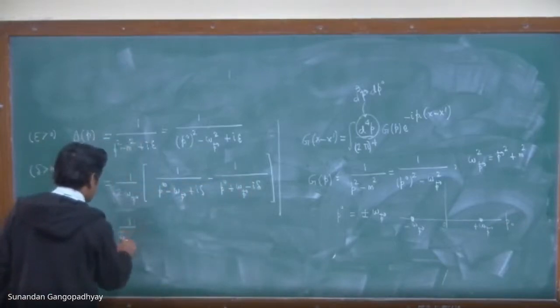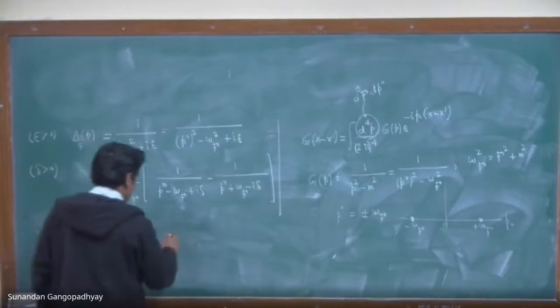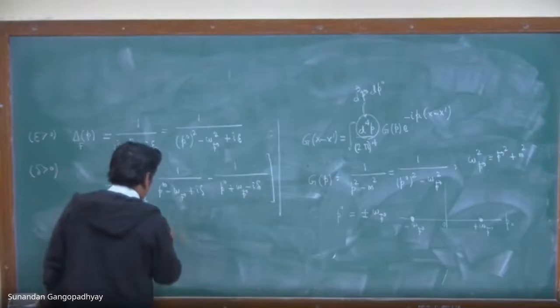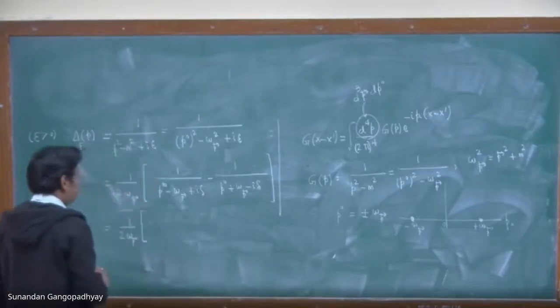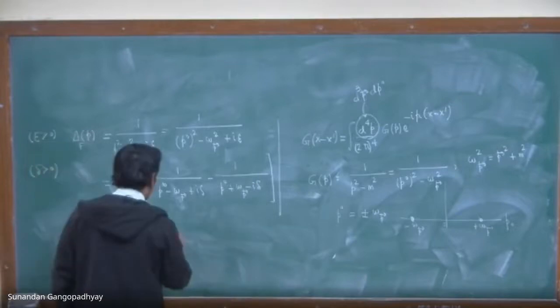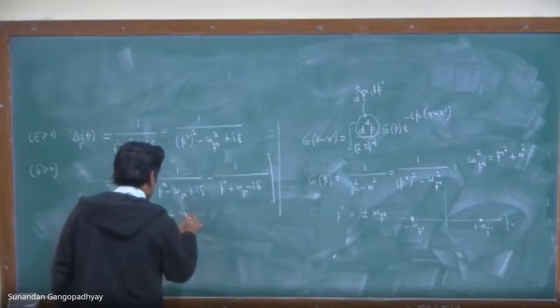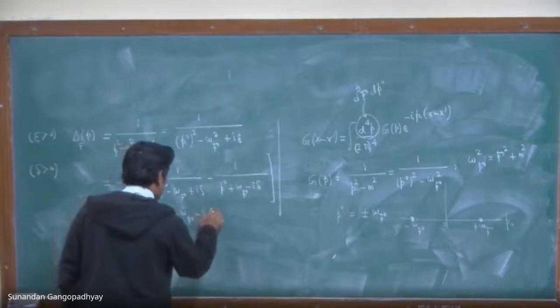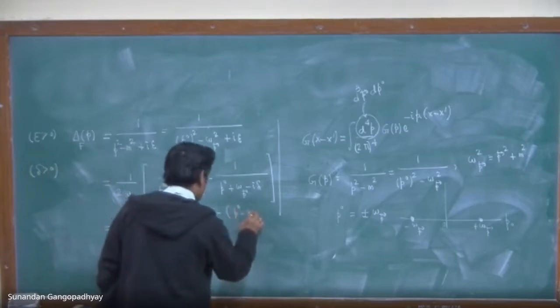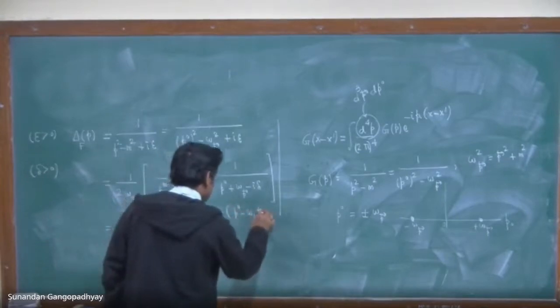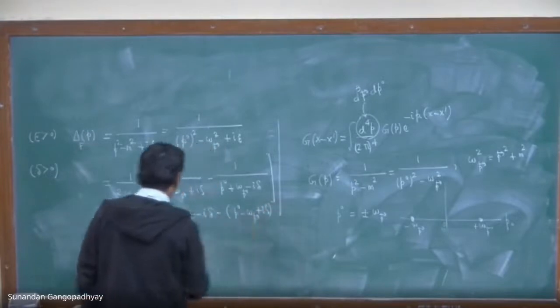If you simplify this thing, then you will get p0 plus omega p minus i delta minus (p0 minus omega p plus i delta).